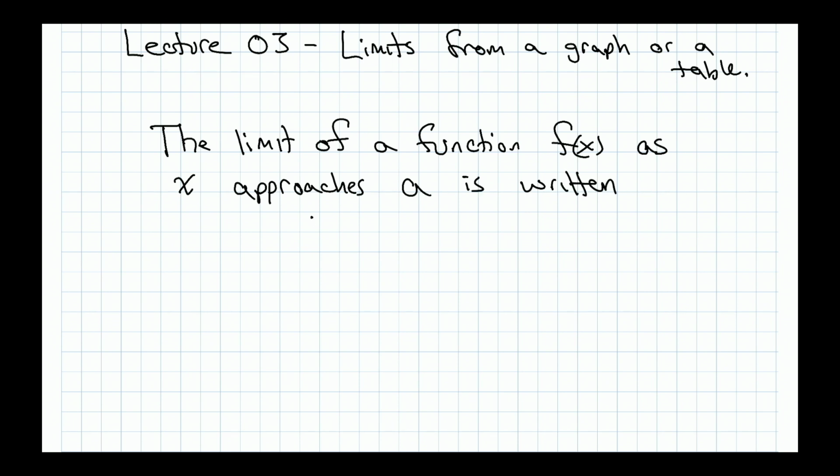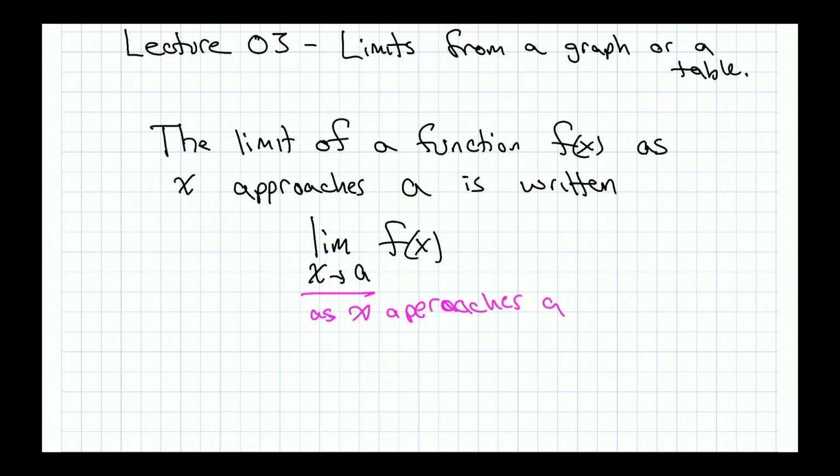So here's how you write a limit. You need to be able to read all the little pieces here. This is as x approaches a. Obviously, there's where it says limit. So limit of f of x as x approaches a. Right, so that's the notation.